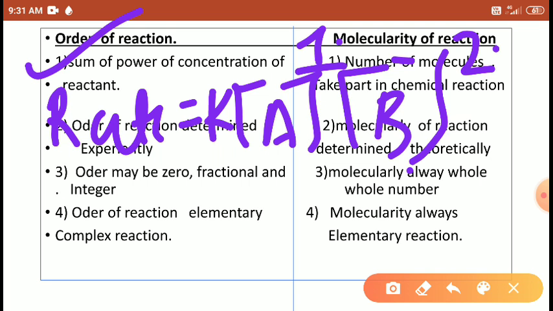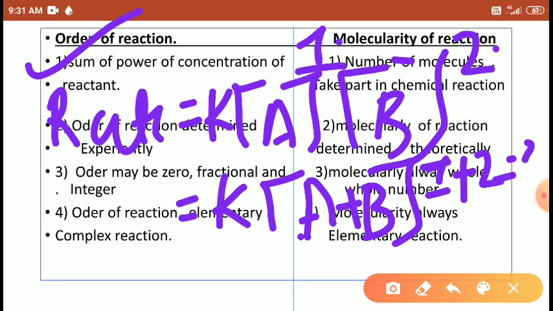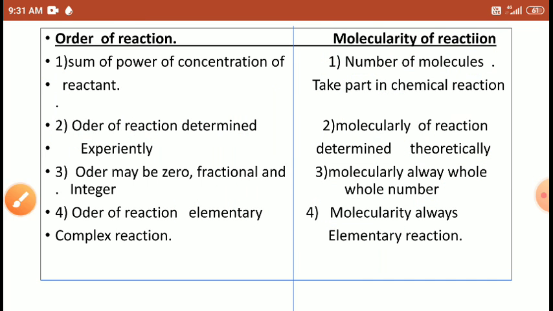Summing these two powers, 1 plus 2 is 3, so it is a third order reaction.